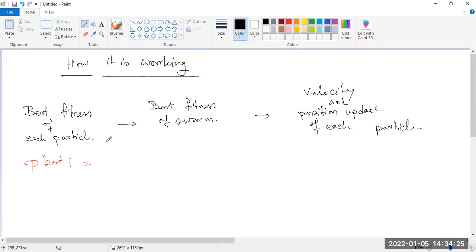This is the best solution or the fitness achieved so far by particle i.